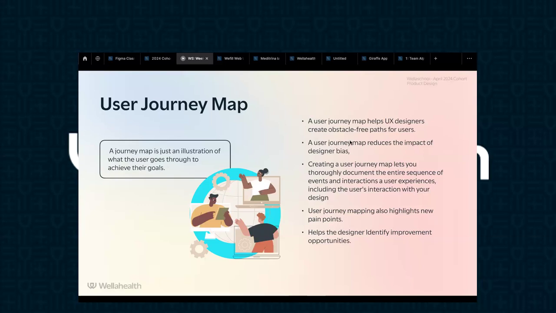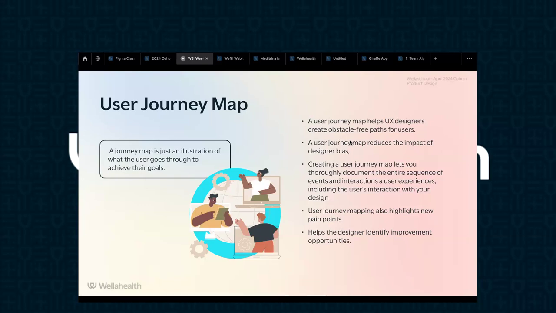A user journey map also reduces the impact of designer bias, because if you are not living in Makoko, you don't know what it's like for somebody living in Makoko. After you've interviewed the user, you create a user journey map based on the interview that you did, right? Then it helps you make it not about yourself, trying to create a green light solution.